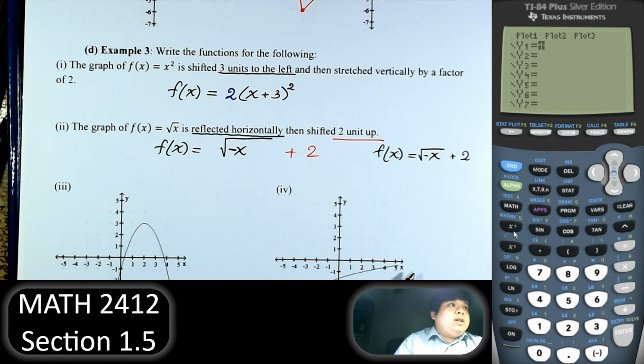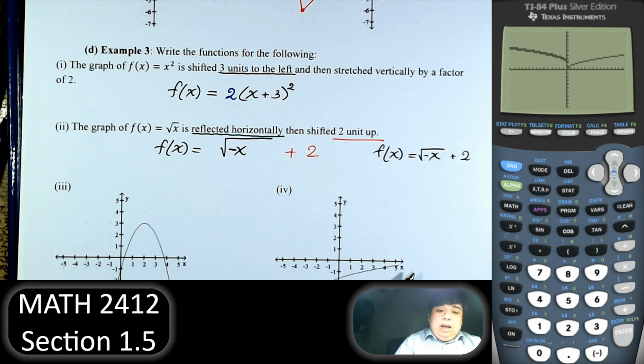Square root of x, negative square root of x, plus 2. Yeah, let's make it a double line. We have the square root, and then flipped horizontally, and then 2 units up. So that's what we have here.